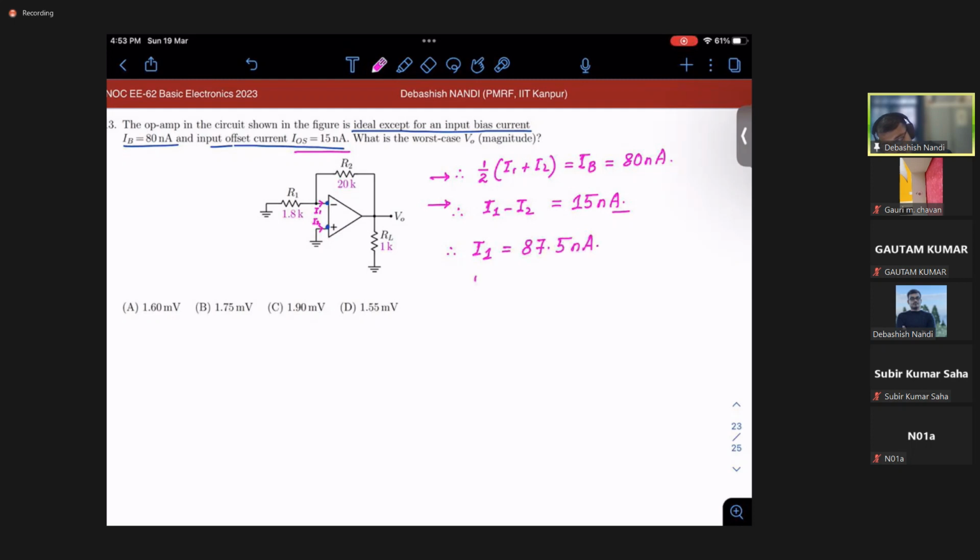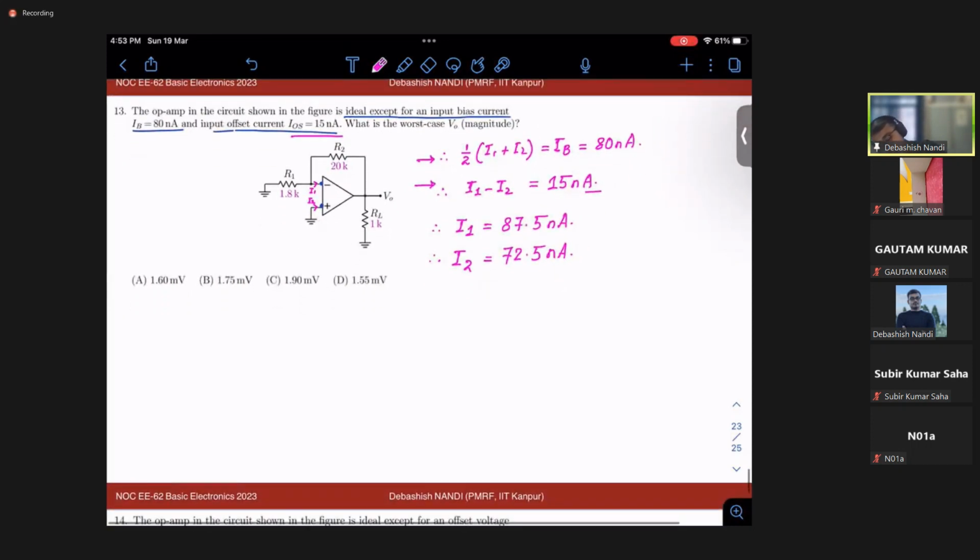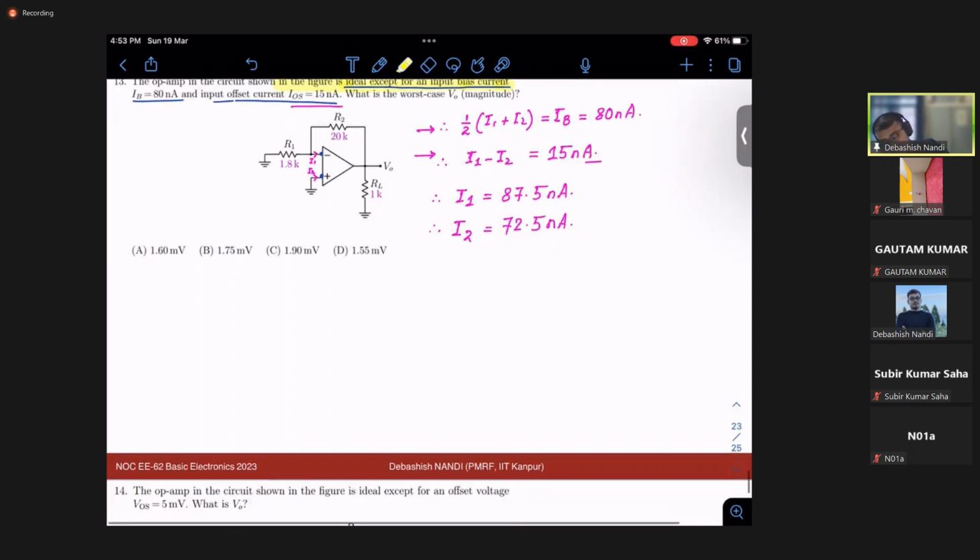So now you get your I1 and I2. Now what? How to go about this? Read this statement very carefully: the op-amp is ideal except for an input bias current. That means I do not need to consider any offset voltage here, right? So I can assume this potential to be present here also, the virtual ground condition. So this is now grounded.